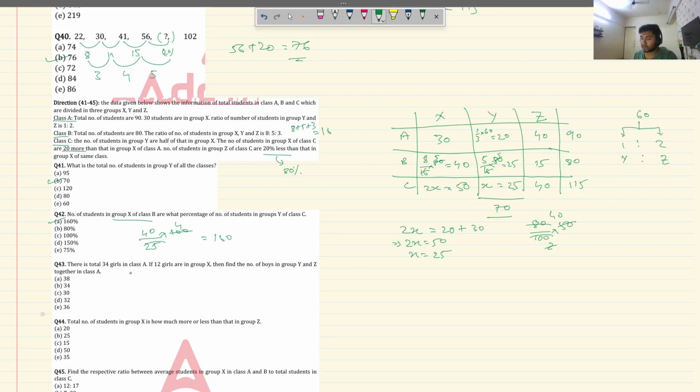There are total 34 girls in class A. If 12 girls are in group X, then find the number of boys in group Y and Z together.